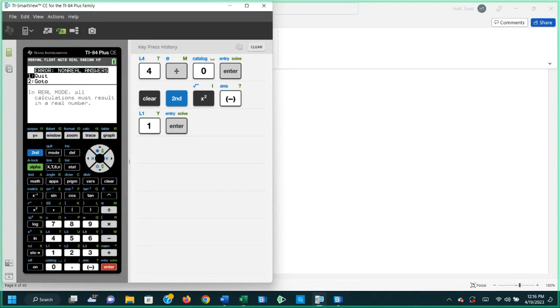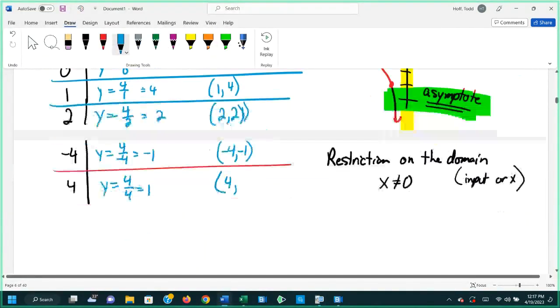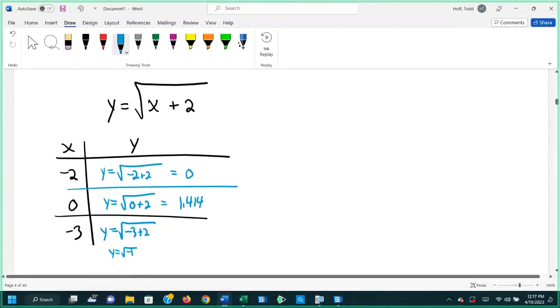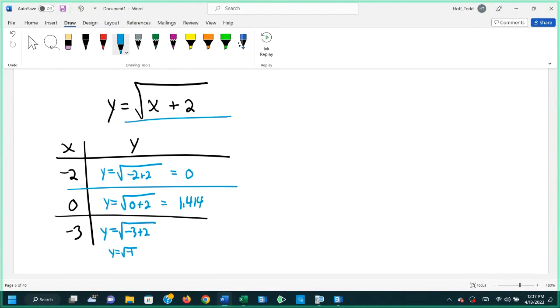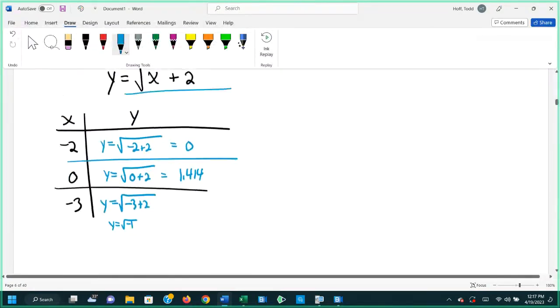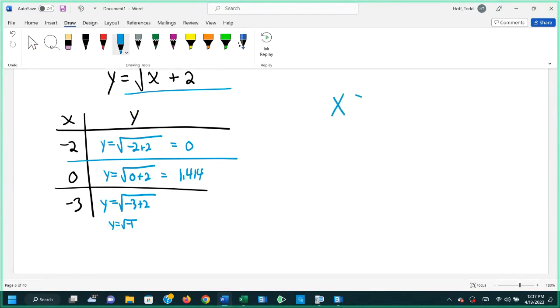At this point, we can't take the square root of a negative number. And because this is x plus 2 here, if x is anything smaller than negative 2, we'd be taking the square root of a negative number. So here, the restriction on the domain, or the restriction on the input, is that x has to be greater than or equal to negative 2.